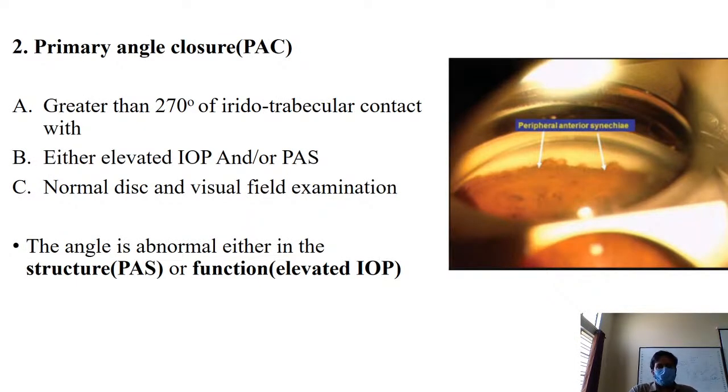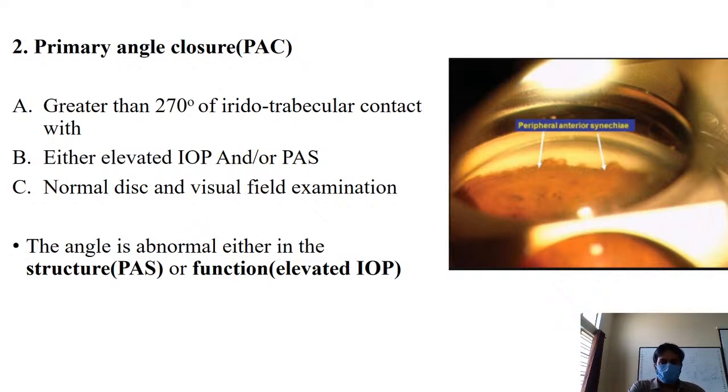Next is primary angle closure. There is more than 270 degrees of peripheral iridotrabecular contact on gonioscopy, plus the patient has either raised IOP or presence of peripheral anterior synechiae.